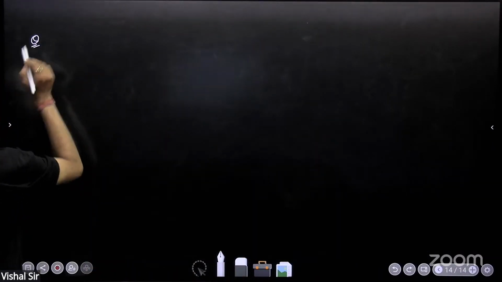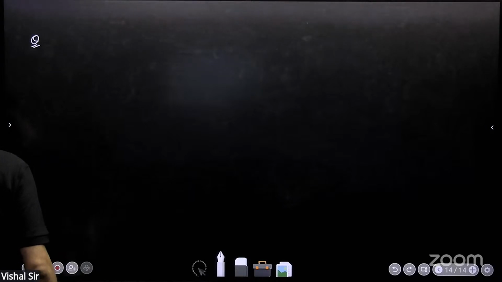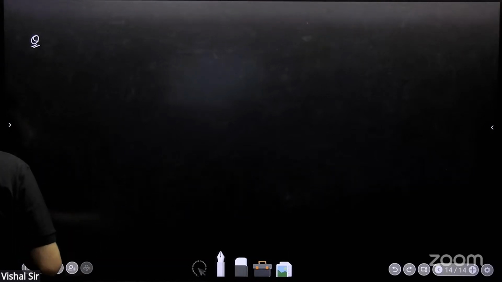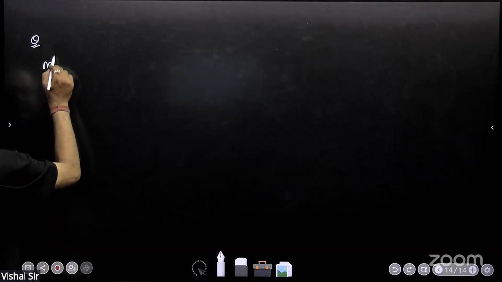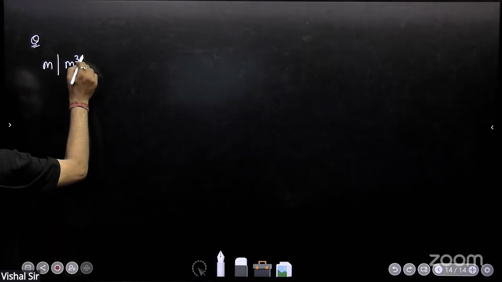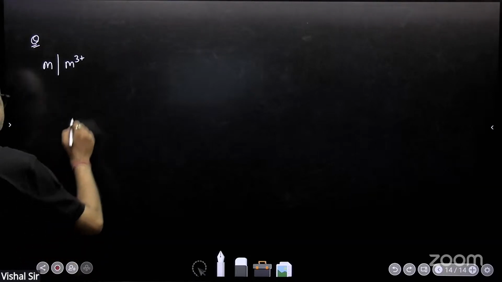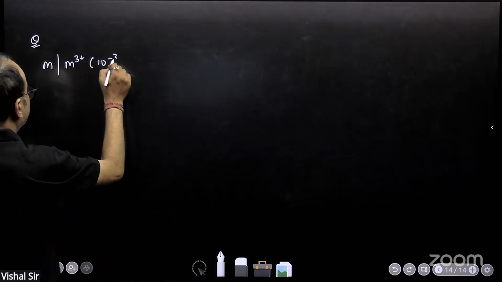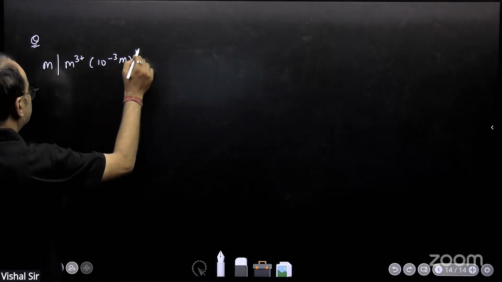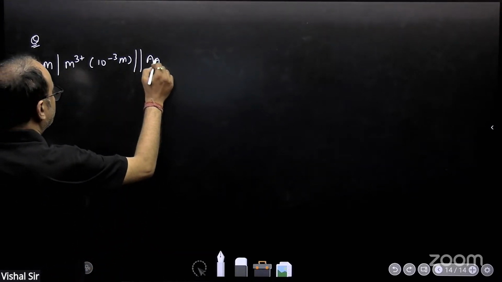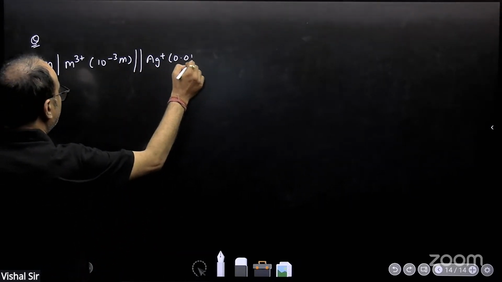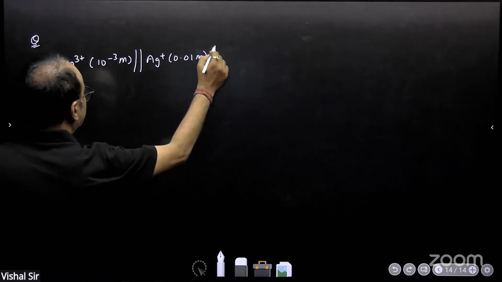Okay. Next example, let's see. So we are given a cell here: M3+ 10 raised to minus 3 molar, salt bridge, Ag+ 0.01 molar, Ag.